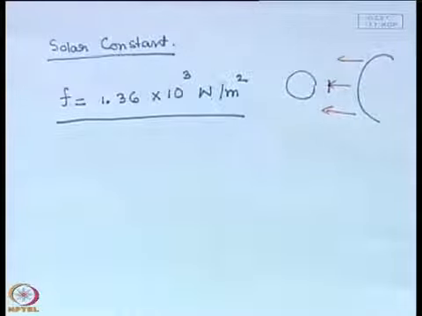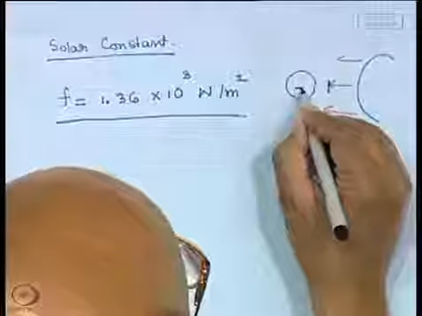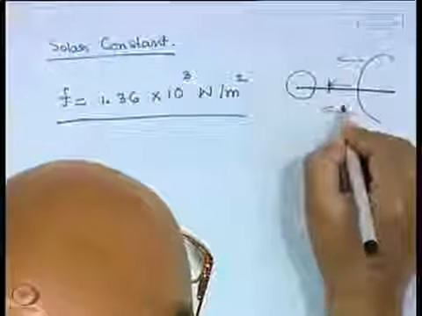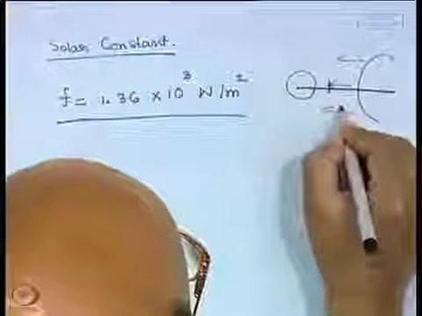Now, the distance from the earth to the sun, let us call it r, is known from a variety of observations. We have not discussed it.